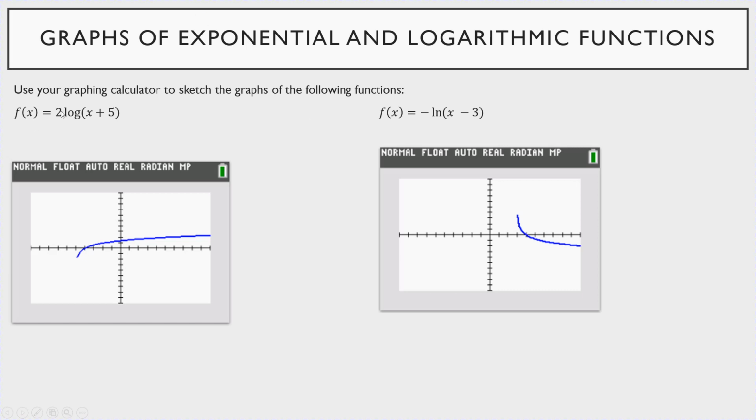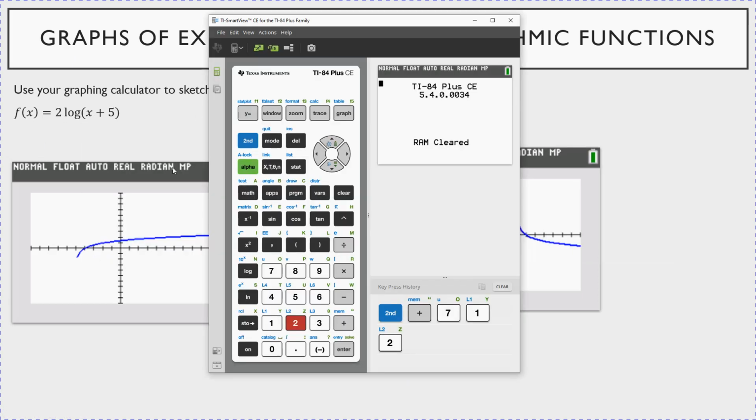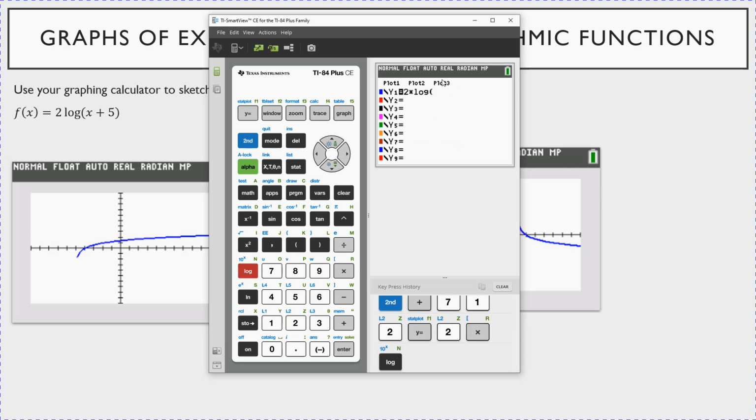f of x is equal to 2 times log of x plus 5. And you can see in the PowerPoints here, I also have the graphs for you. So you're literally just going to hit y equals, you're going to go 2 times and then log, and you'll notice it puts the parentheses there, x plus 5.